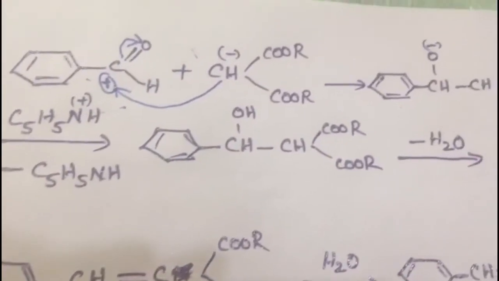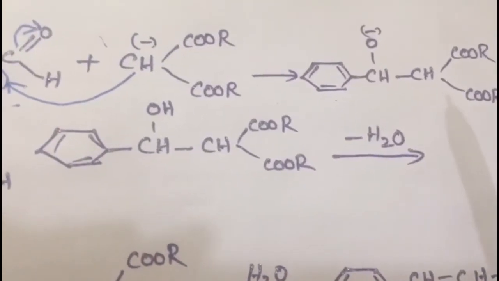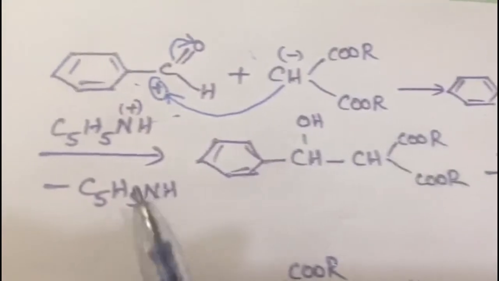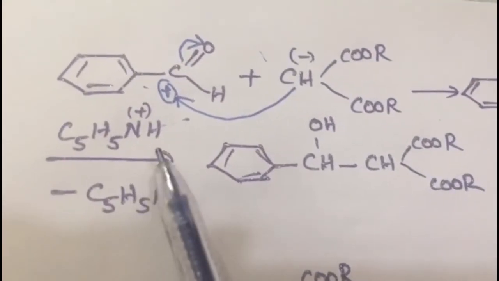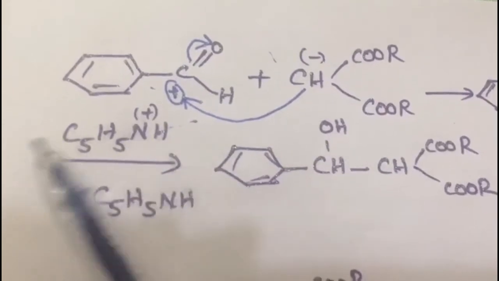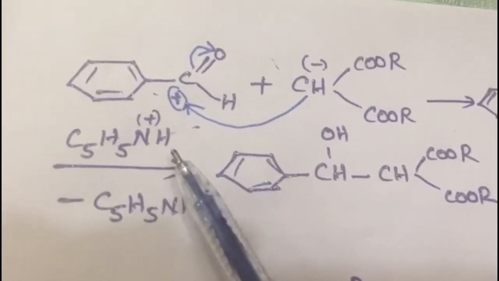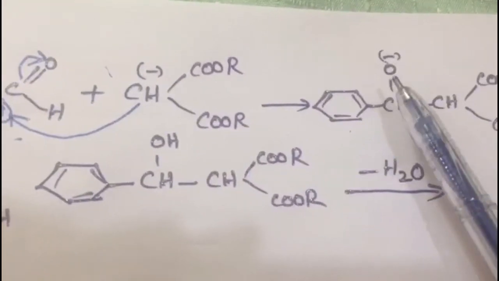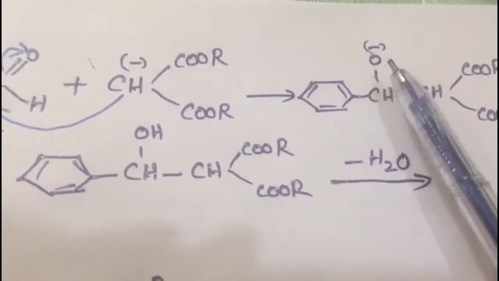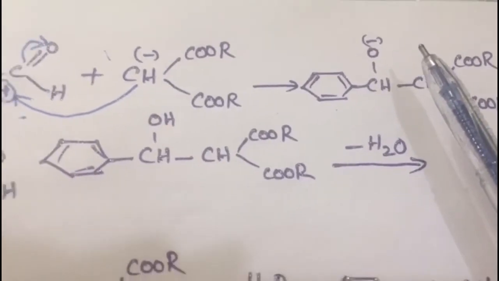In the next step, this will react with our base. Base means the protonated base C5H5NH+. So here this base will give the H+ back due to the positive charge on the nitrogen atom. This H+ ion will be absorbed by this O minus ion to form OH, and the pyridinium ion will become pyridine.